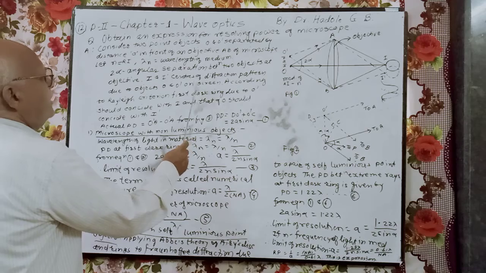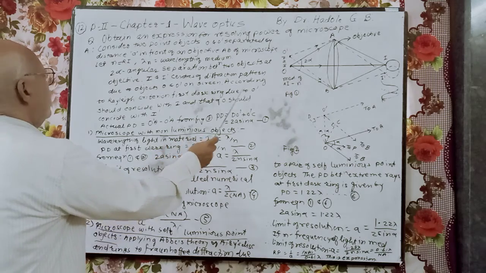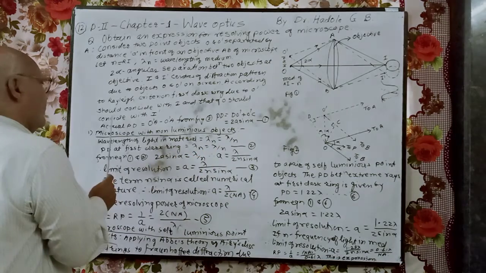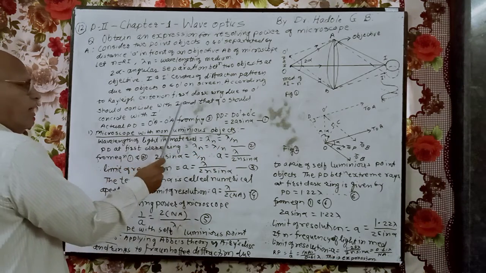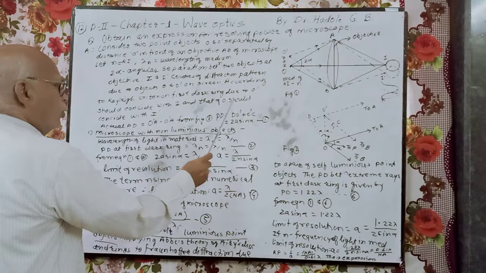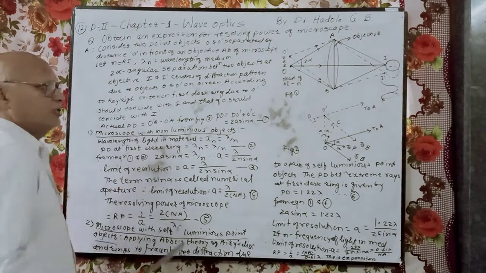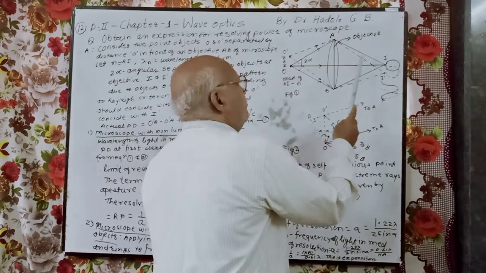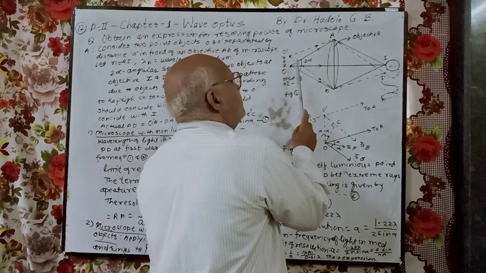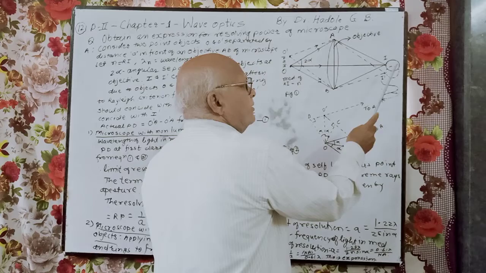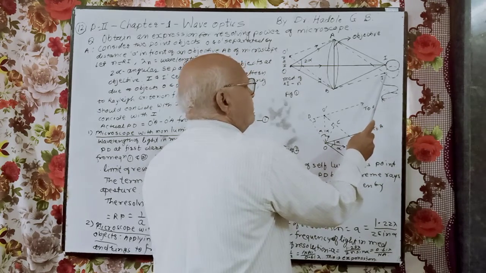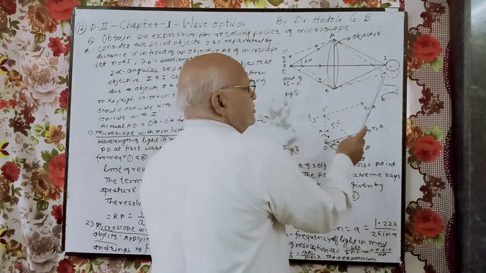Here I have written, according to the Rayleigh criterion, the first dark ring due to O dash should coincide with I, and that of O should coincide with I dash. This is the dark ring produced by object O. Next, this is the dark ring produced by object O dash.